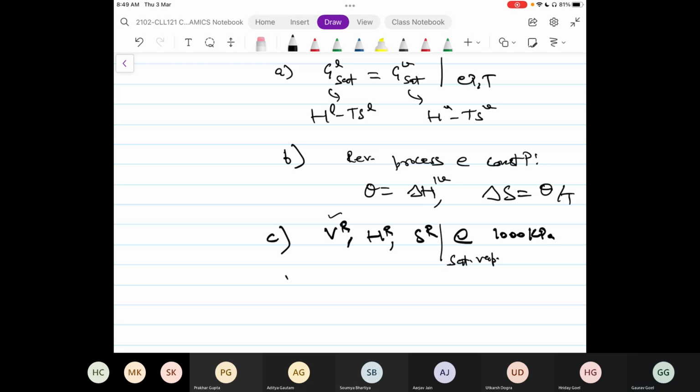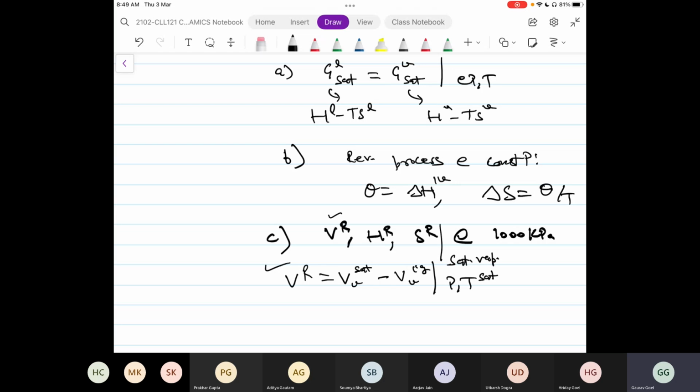VR is easy. You read the saturation volume from the steam table, and calculate the ideal gas volume at the same conditions of P and T. Pressure is given as 1000 kilopascal. Find out the saturation temperature at 1000 kilopascal. So this part you can easily do.